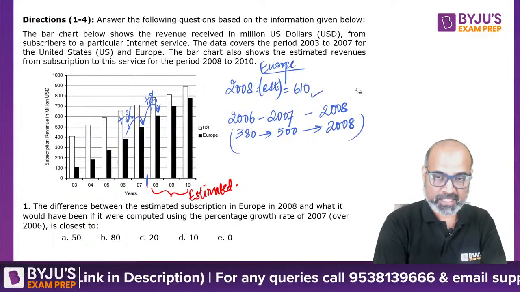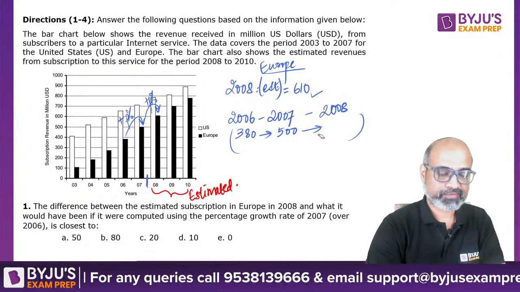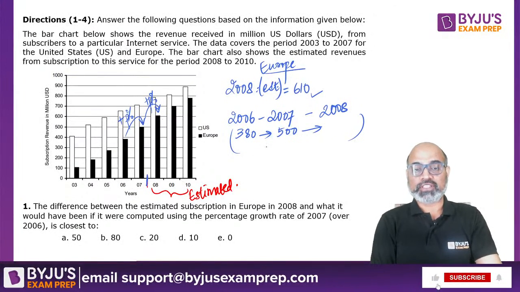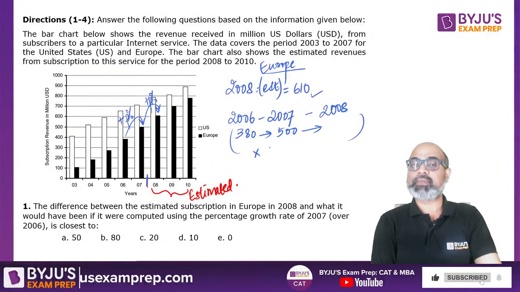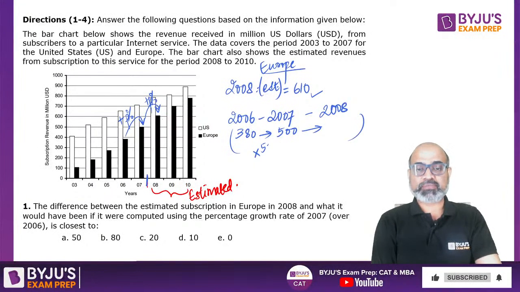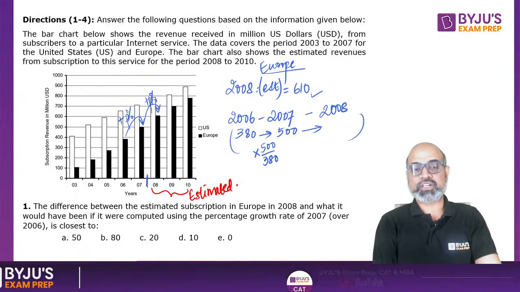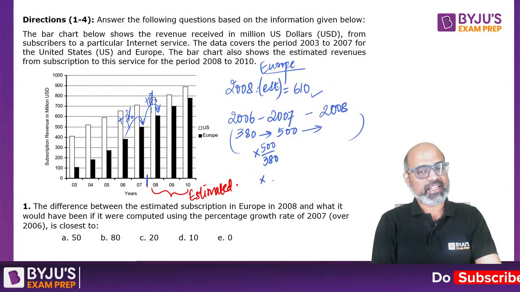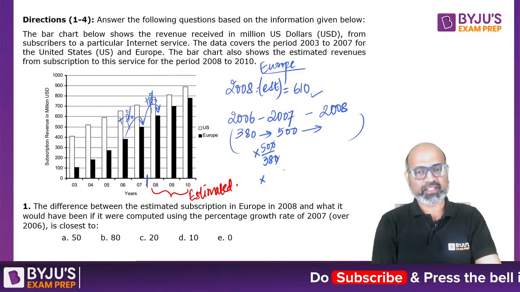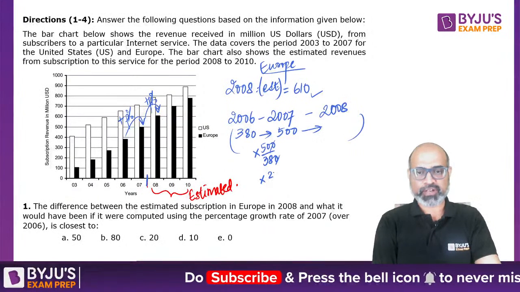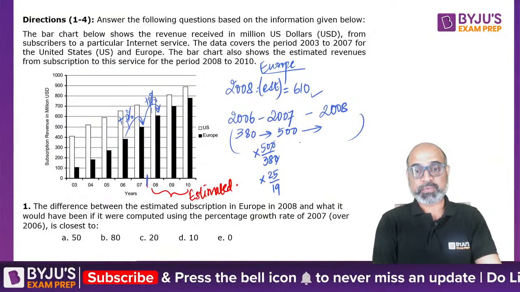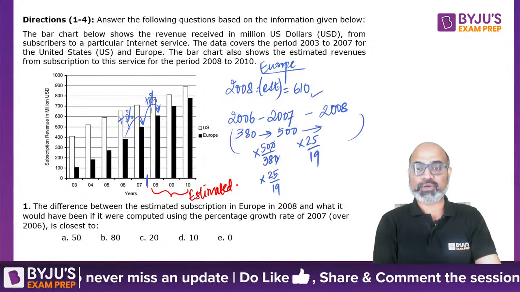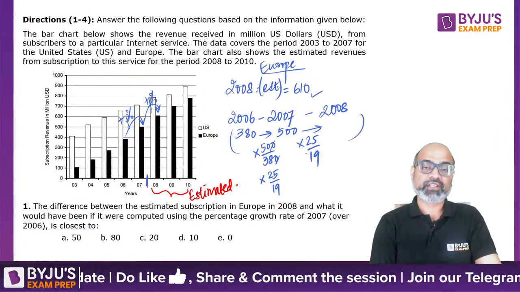Sorry, the year is above, the data is here. So 380 has become 500. What is the multiplier? So if I multiply this by 500 by 380, this is what it will result in, right? So 500 by 380 is going to be 50 by 38, which is same as 25 upon 19. Which means I'm going to multiply 500 by 25 upon 19 to get the value in the year 2008.